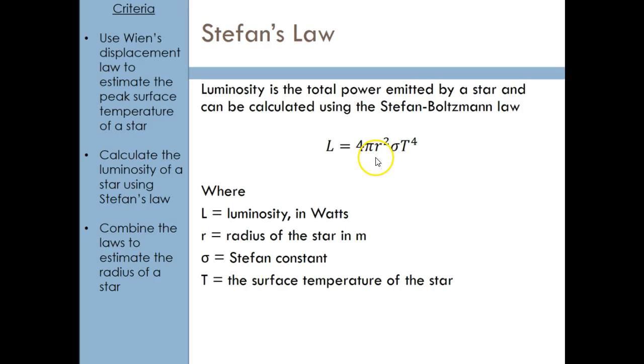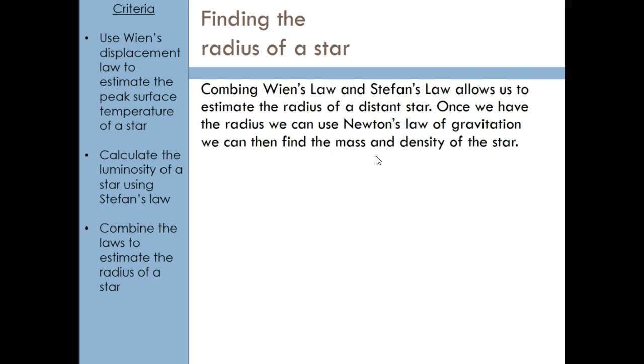And that's going to be very, very useful in figuring out other things about it. Basically, if I combine these two laws, Wien's law and Stefan's law, like I was just talking about, I can get the radius. Once I've got the radius, I can do all sorts of things. I could use Newton's law of gravitation to find its mass and therefore its density, which would let me figure out exactly what it's composed of. So these are very useful laws that have a lot of knock-on consequences.